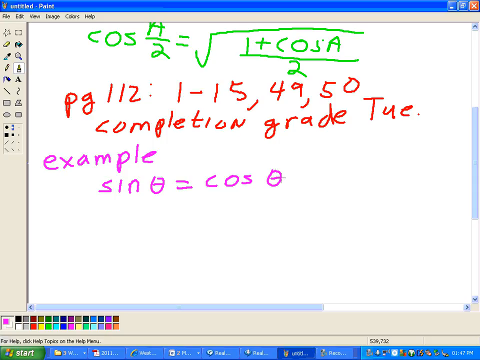The sine of theta is equal to the cosine of theta. Find theta. So, just like anything else, we're going to isolate.